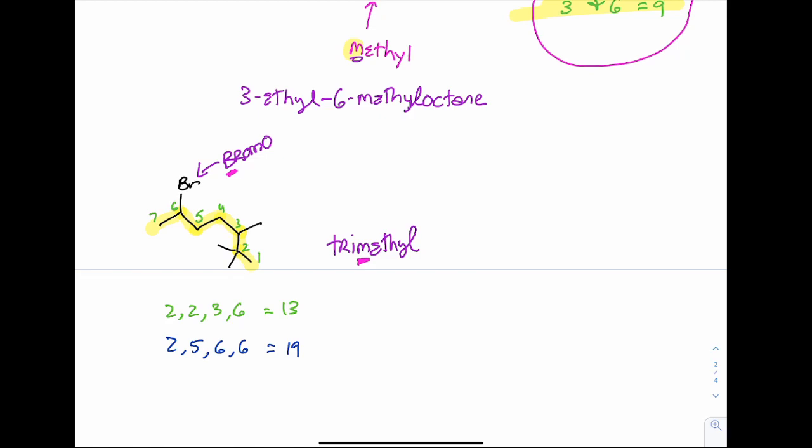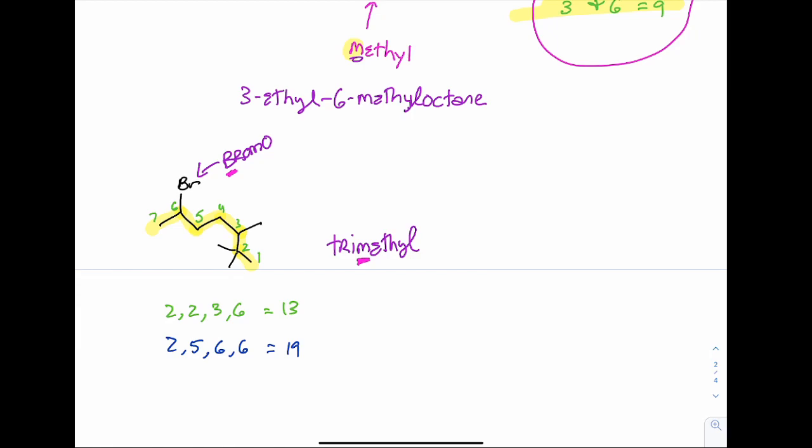So you're not alphabetizing it on the di, tri, tetra. And the way I remember that is the di, the tri, and the tetra are not representing words. They're representing numbers, and you don't alphabetize numbers. I don't know if that helps, but I don't think of tri as a word. I think of it as the number 3. And you don't alphabetize the number 3, right? You alphabetize the methyl. And that's kind of how I remember it.